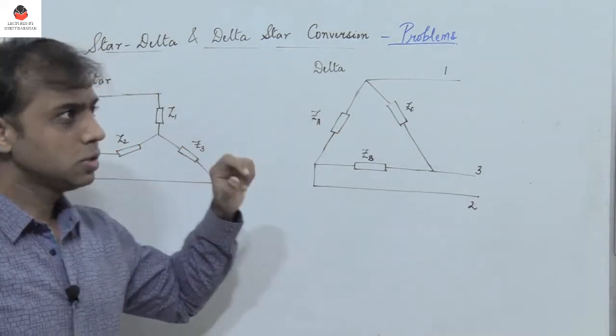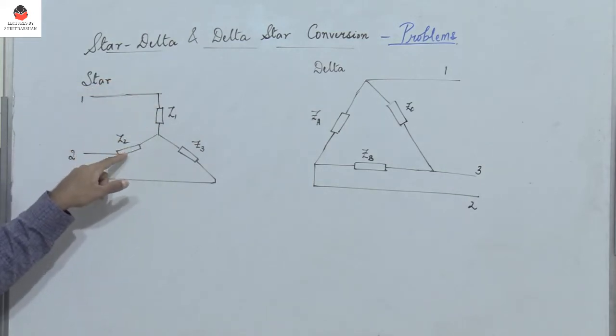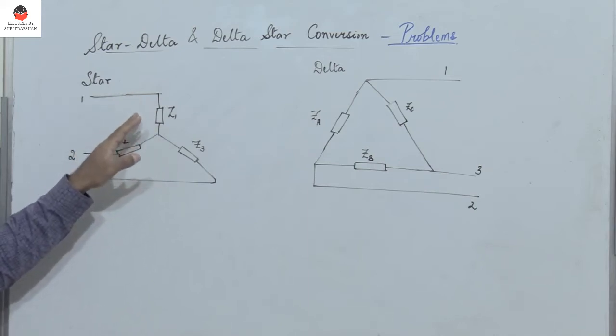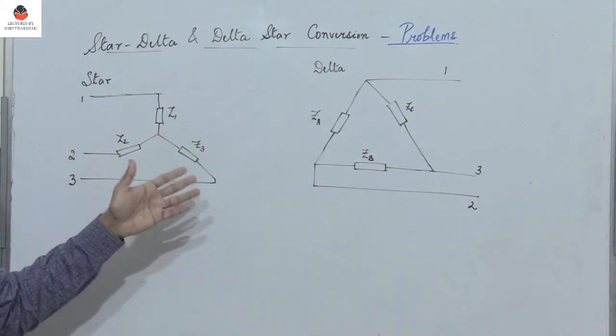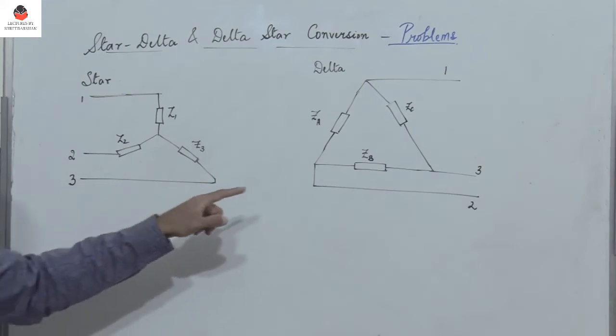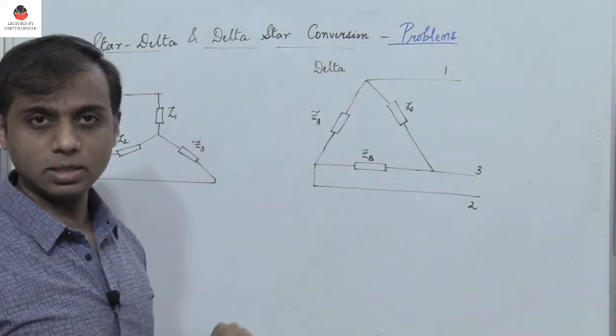So here I have a star connection where Z1, Z2, Z3 are impedances. They can be resistances or capacitances, or you can have inductors connected in this way in the form of a star, or if it is connected like this, it is referred to as a delta connection.